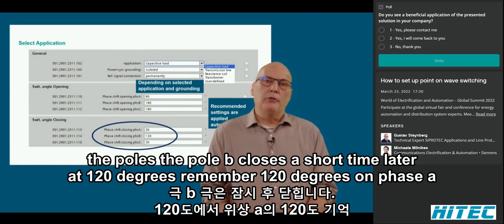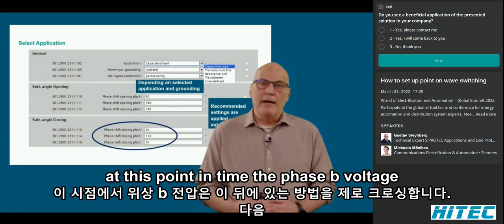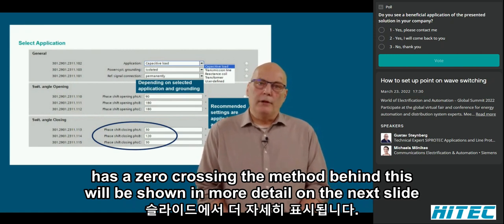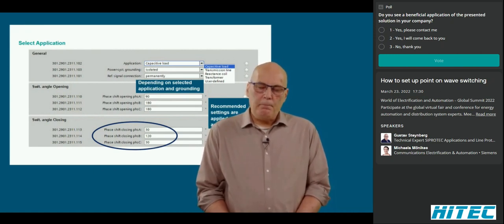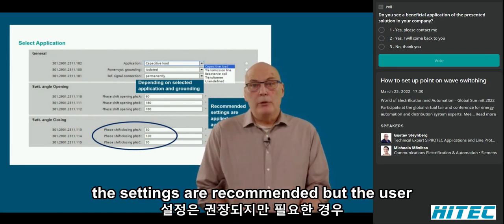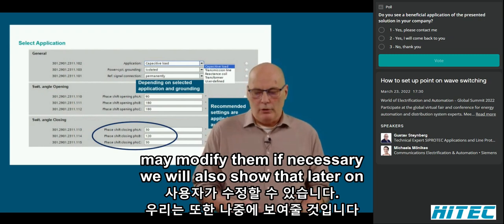Remember, 120 degrees on phase A. At this point in time, the phase B voltage has a 0 crossing. The method behind this will be shown in more detail on the next slide. The settings are recommended, but the user may modify them if necessary. We will also show that later on.